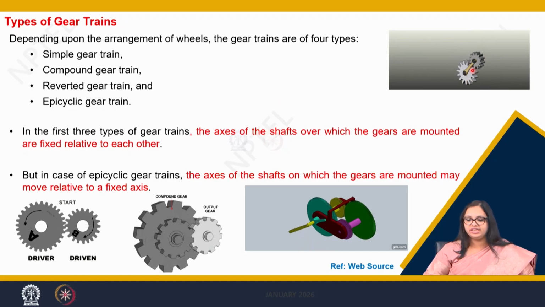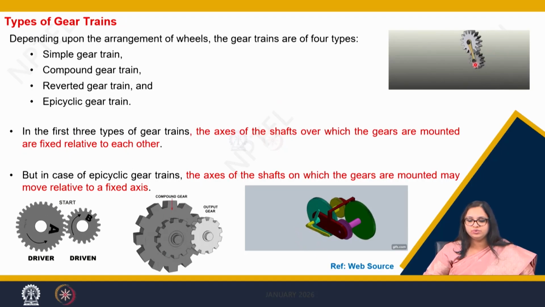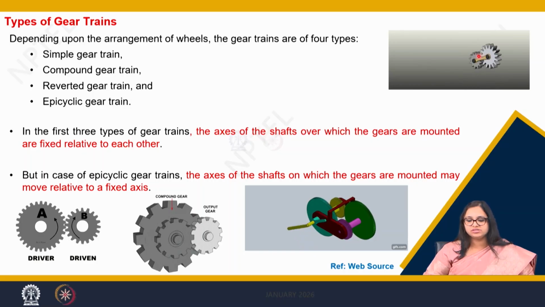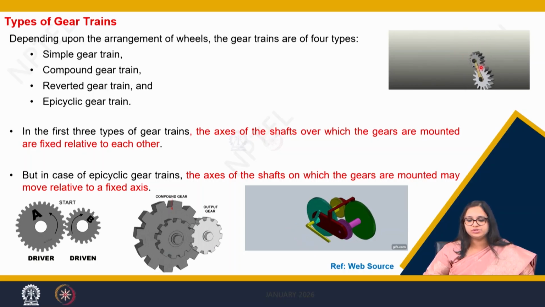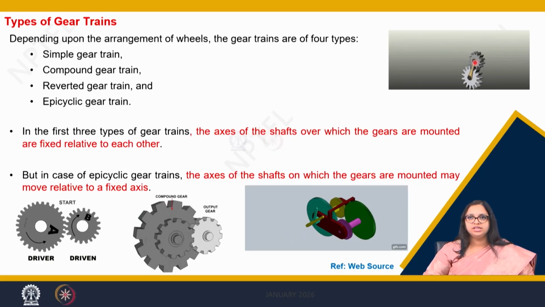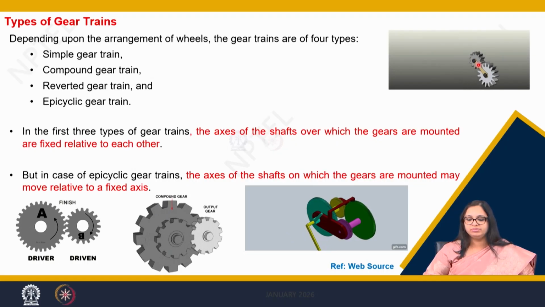Now there is a fourth kind that we call an epicyclic gear train. In the epicyclic gear train, you can see that there are two gears which are in mesh with each other. So this is one of the simplest epicyclic gear trains, where these two gears are not only meshed with each other but they are also connected by an arm, denoted by yellow color in the picture.